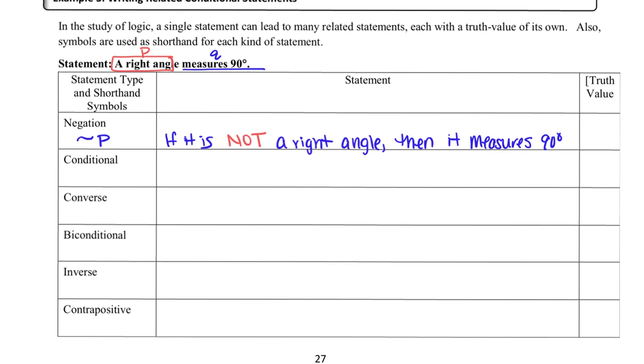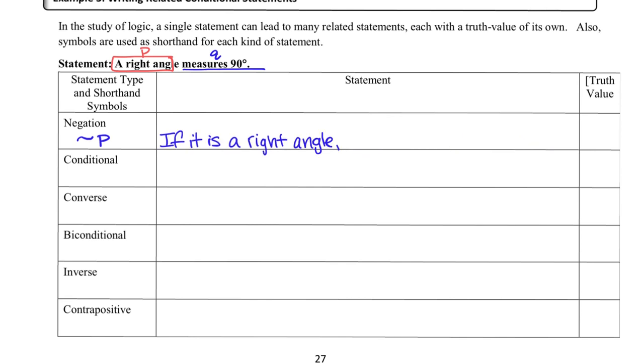So the correct negation of the statement would be, if it is a right angle, then it does not measure 90 degrees. So it really looks like we are negating the Q, which is this conclusion here.